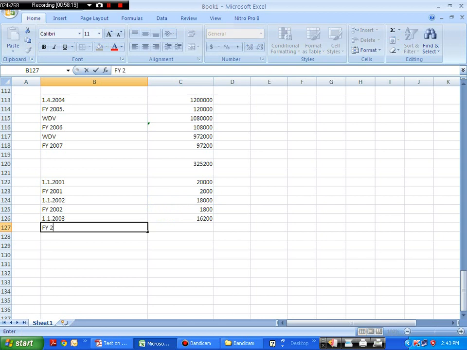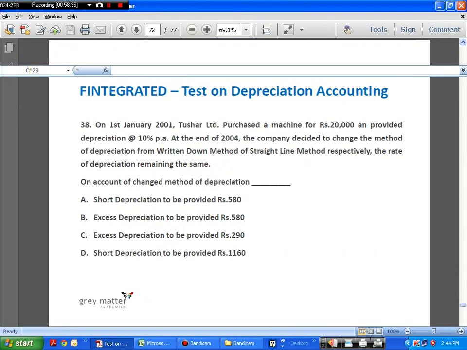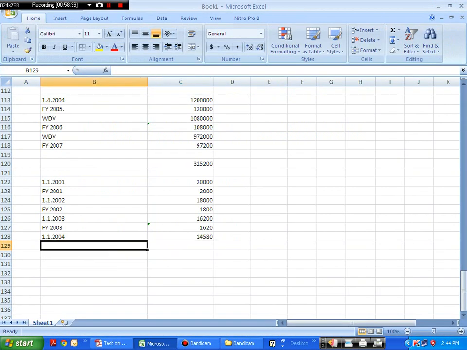So for FY 2003, depreciation will be this into 10%. So on 1/1/2004, the WDV will be this, and depreciation for FY 2004 will be 1,458.